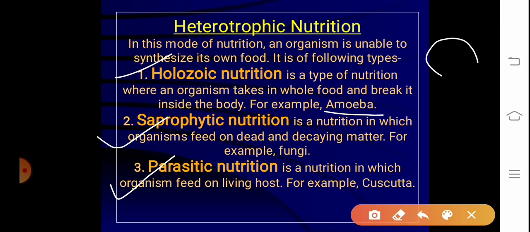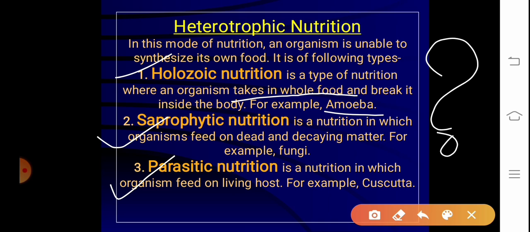But their organs are not so well developed like the multicellular organisms or like the human beings, even though they follow the holozoic mode of nutrition. Right? Here, in holozoic nutrition, the organisms take the complex food, and that complex food is broken down into the simpler ones.